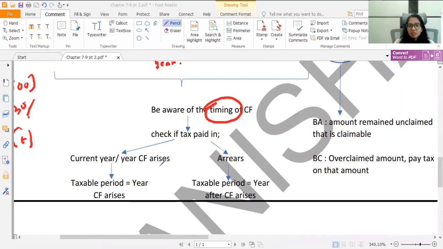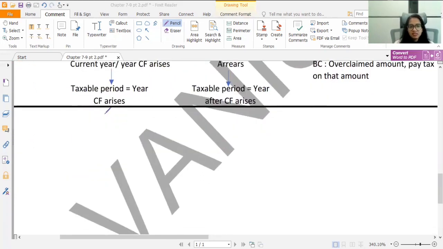Okay. So what does it mean by timing of cash flow? Timing of cash flow means the timing of your taxation, because your examiner normally does one out of two things. Either he will say tax is paid in the current year or the year cash flow arises.